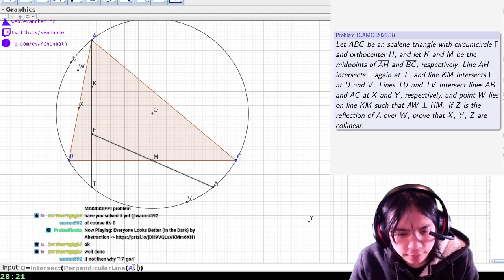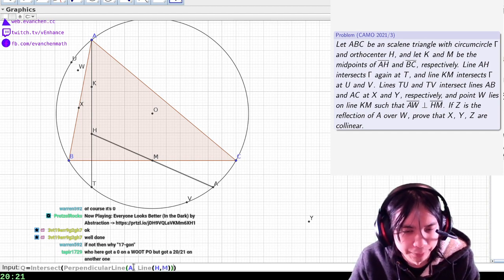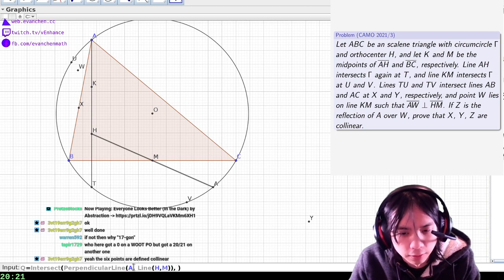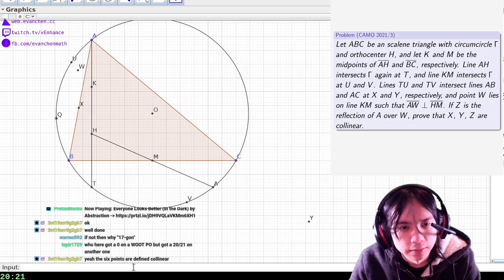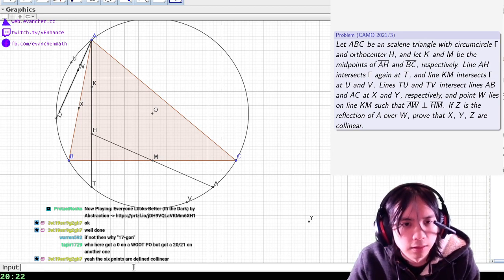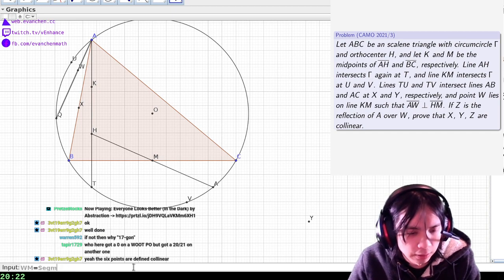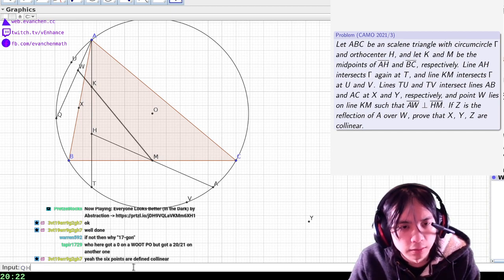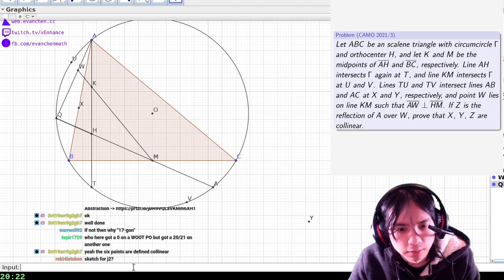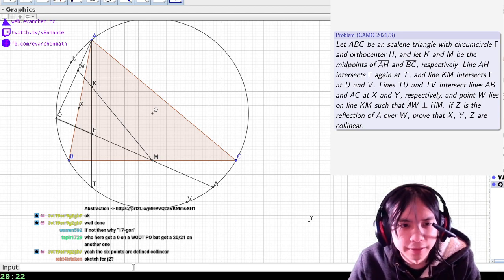So line A to line HM. So we're going to draw this point right away, because otherwise that point W is in the middle of nowhere. Okay, so AQ is whatever it is. And then you meet here. QH. And C is the reflection of A over W.